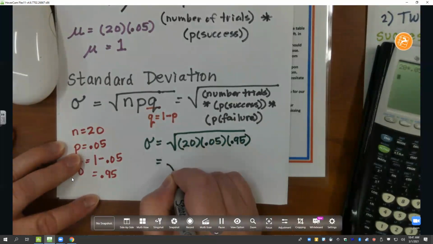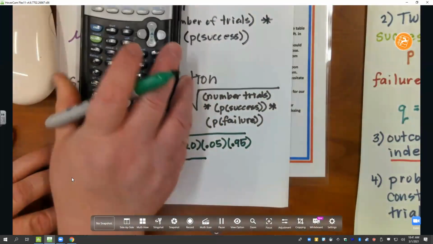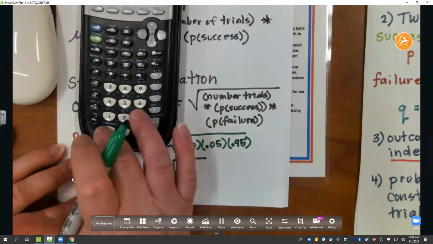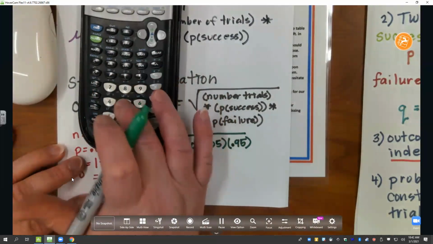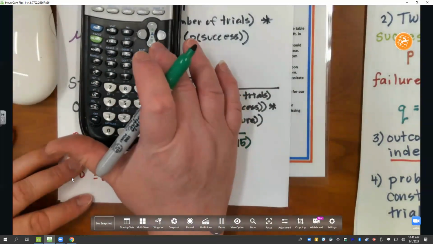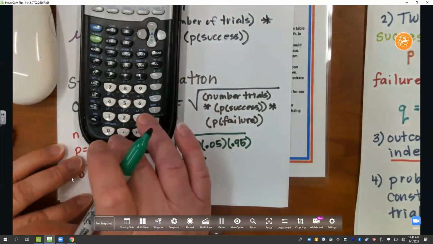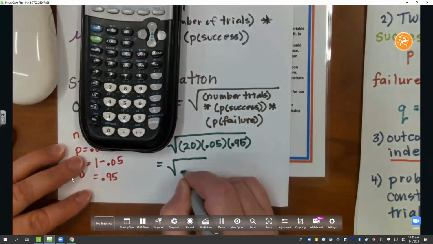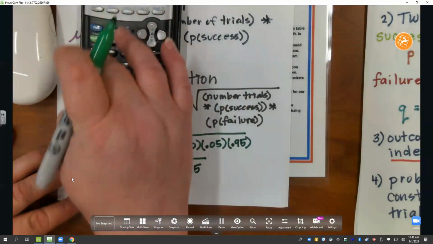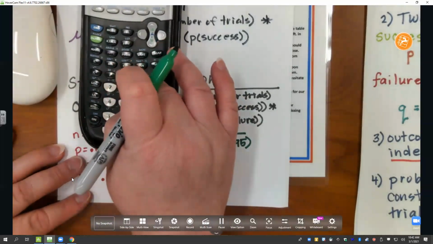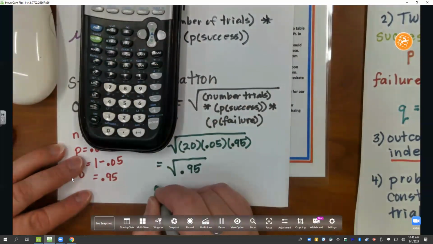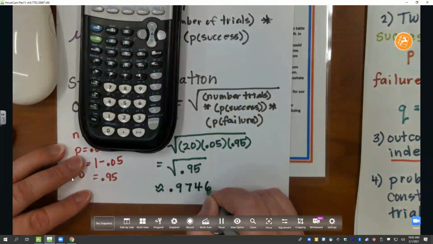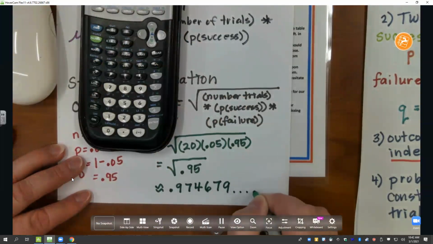Okay, I'm going to walk this out. So I'm going to do the multiplication under the radical first. So 20 times 0.05 times 0.95. Whoops, I did something wrong. 20 times 0.05 times 0.95 is 0.95. And then I'm going to square root it, which gives me approximately 0.97469.